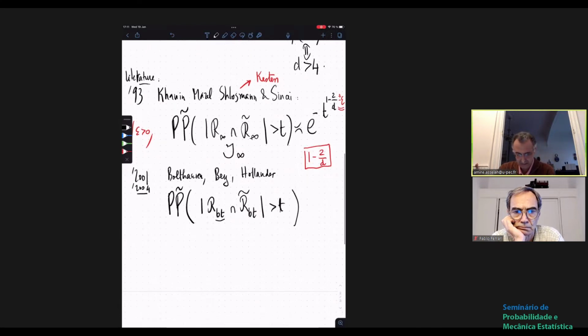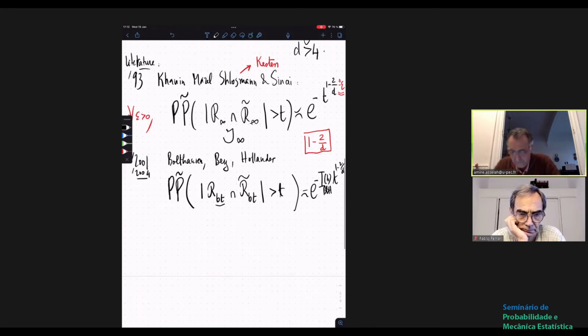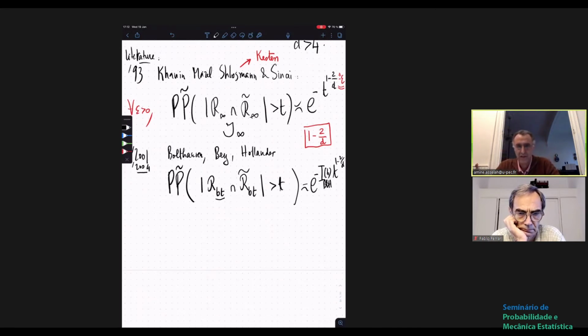And motivated by Hanin and company problem, they obtain a large deviation principle with the constant, let me call it I_B, and B_BH, with a t to the 1 minus 2 over d. So they can do it in any dimension. That's the result. They have a nice rational formula for I_BBH.